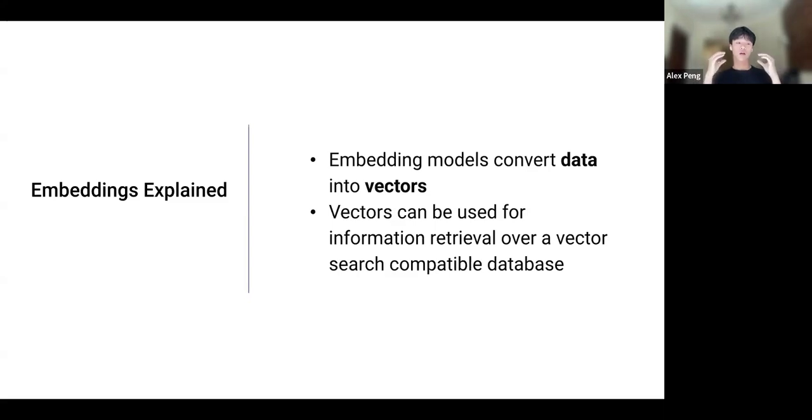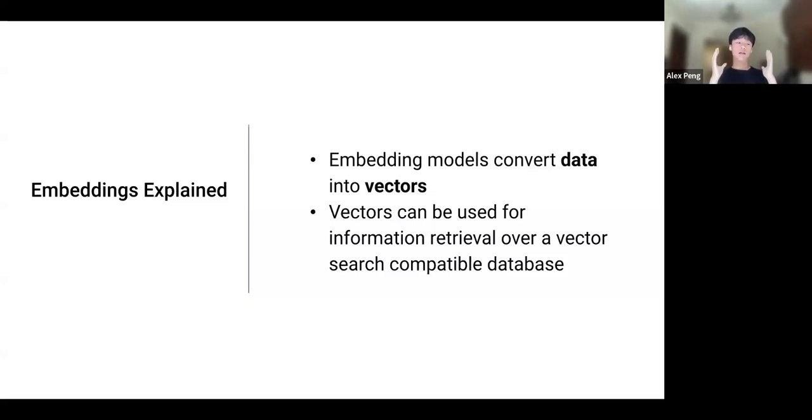But embeddings are present everywhere in the LLM space. Not just for information retrieval, but embeddings are also used when you just type a query into ChatGPT and you'd like it to respond to that query. Whenever any text is fed into an LLM, it needs to be embedded.